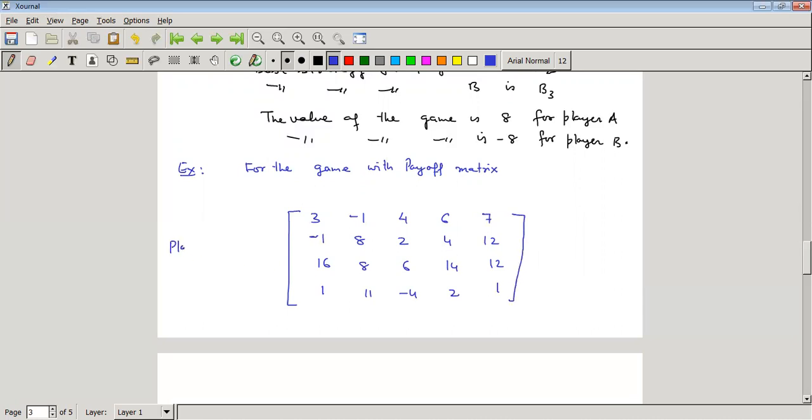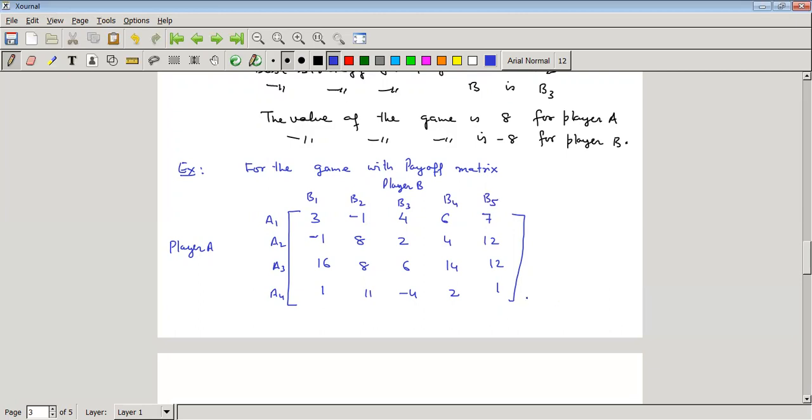So player A plays this game with 4 strategies: A1, A2, A3, A4. Player B plays this game with strategies B1, B2, B3, B4, B5.